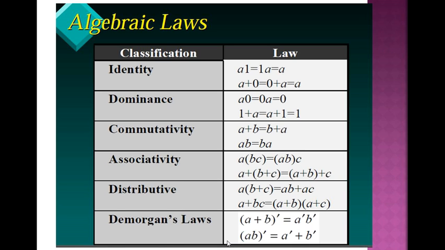In the same way, whenever we use the AND operation, that is multiplication, it is converted into addition, the OR operation: (A into B) complement equals A complement plus B complement. So in De Morgan's law, plus is converted into multiply and multiplication is converted into plus.